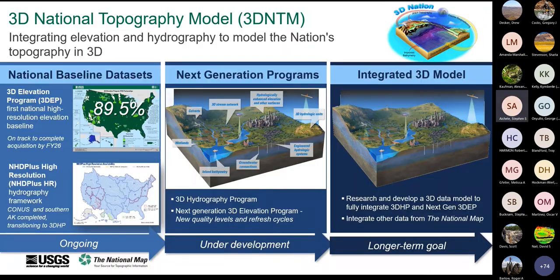That high quality source data really enables us to move in a new direction towards reintegrating these data sources. So that's 3DEP up on the upper left there, as we approach a little bit over 90% with that graphic that I showed.